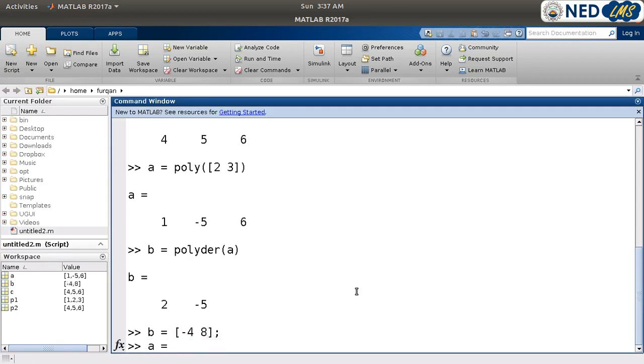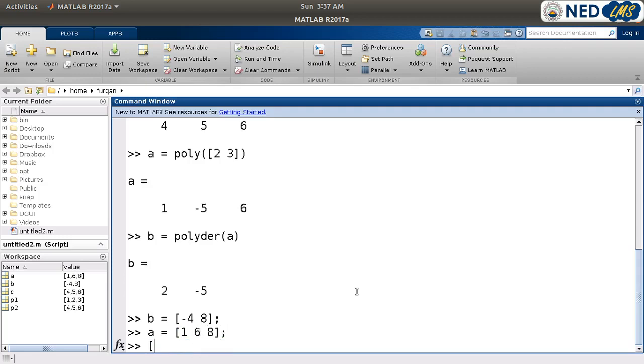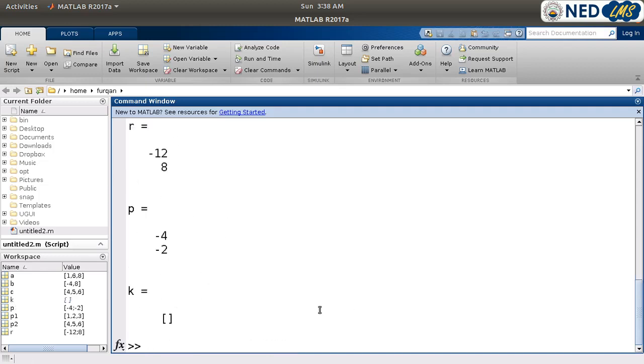A is equal to 1 and 6 and 8, and R, P, K will be equal to residue B comma A. So here the value of R is minus 12 and 8.